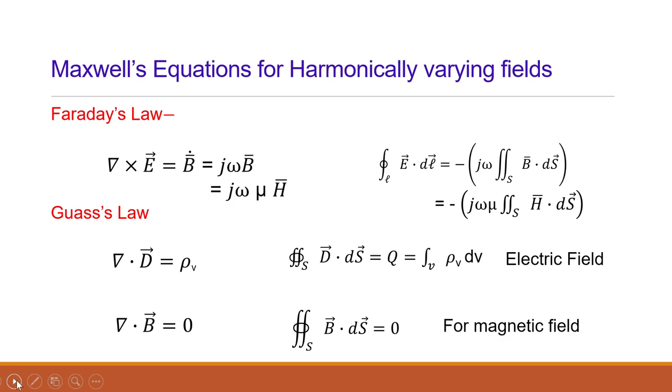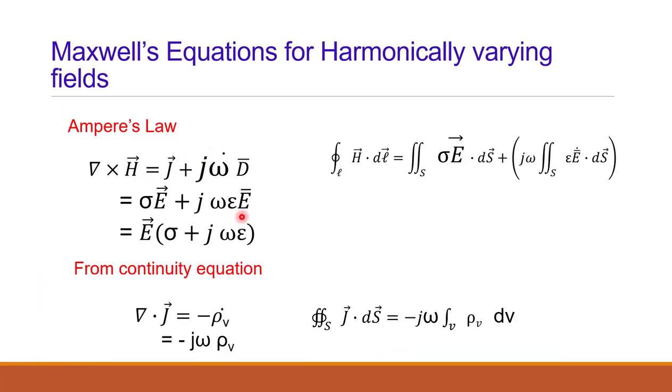Now the next equation is from Ampere's law. So what does Ampere's law state? Del cross H is equal to J plus D bar dot, right? So we have replaced that D bar dot using j omega into D. So it will become del cross H is equal to J plus j omega D bar. Now J is what? Sigma into E bar, right?